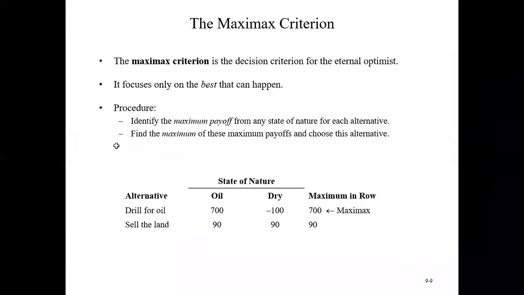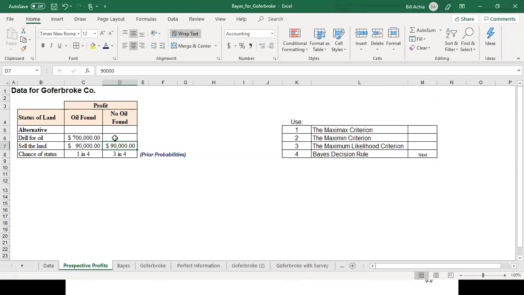The only place where they would actually incur a loss would be where they drilled for oil and realized there's no oil in this tract of land. In that case, the initial investment of 100,000 would be the net revenue. They would have lost 100,000.